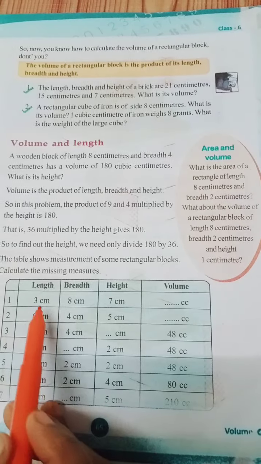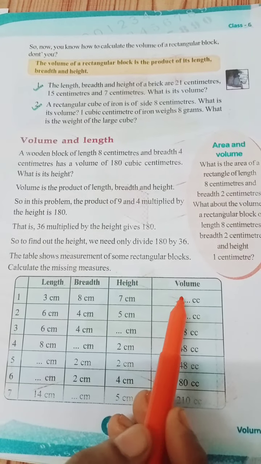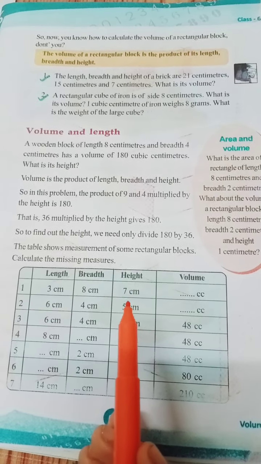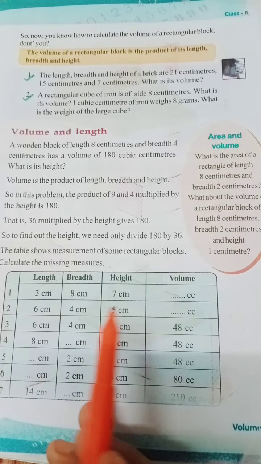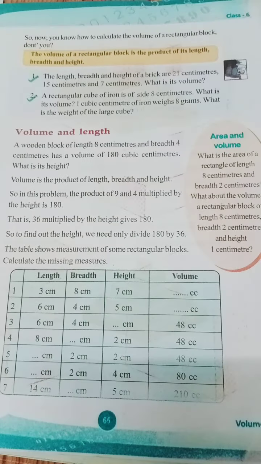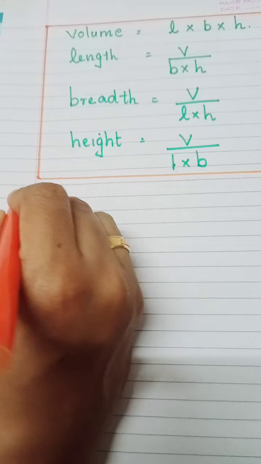First one is length is given, breadth is given and height is given and you have to find out the volume. How will you do the volume? We have already studied how to find out the volume. Volume is equal to length into breadth into height. So what is the answer? 3 into 8 into 7. So let's do the first question.